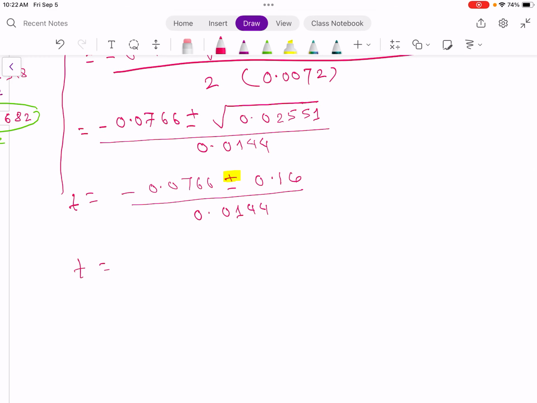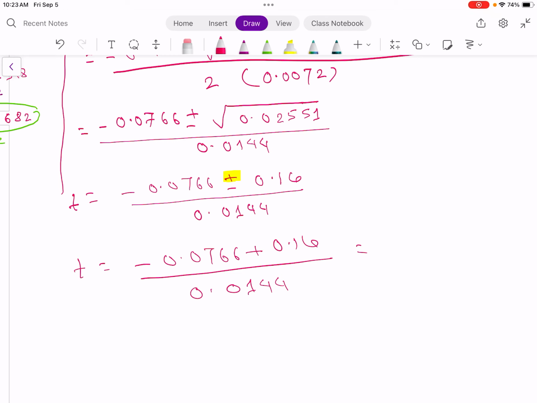So t is equal to negative 0.0766, we are taking positive 0.16, divided by 0.0144. So we have 0.16 minus 0.0766, divided by 0.0144.